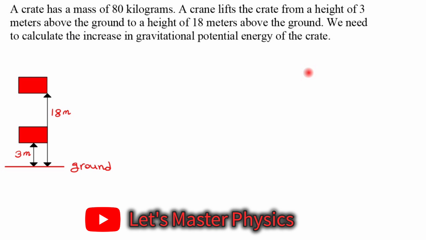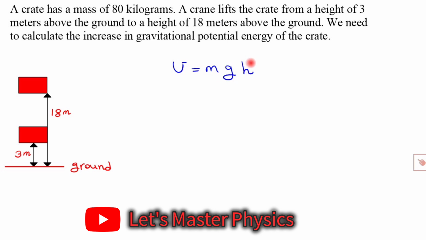The higher an object is lifted, the more potential energy it gains. The formula to calculate gravitational potential energy is U equal to m times g times h.